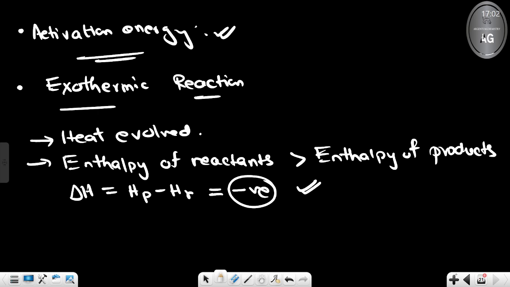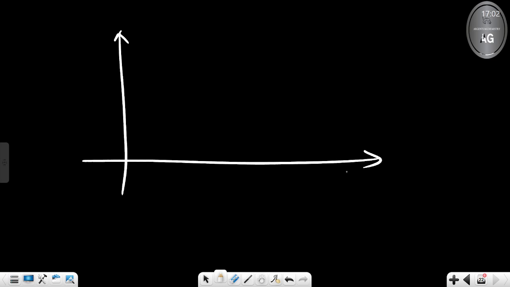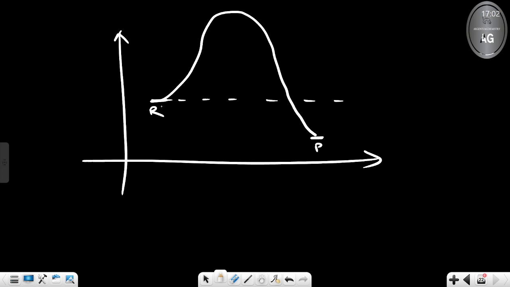So if I draw the energy diagram, main thing is the energy diagram. How will my energy diagram look? Suppose my reactant is over here. Then my product will be a little bit below. Suppose this is my energy barrier. So for the reactants to get converted into products, this much energy barrier has to be crossed.